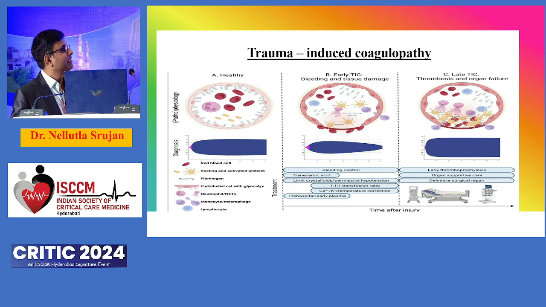And later in the TIC, there will be thrombosis and organ failure, which leads to a hypercoagulable state. The time from the hypocoagulable to hypercoagulable state is vital, and that's where you need to assess your clotting abnormalities. So TEG plays a major role in this, and we don't know how much time it will take for somebody to go from early TIC to late TIC.